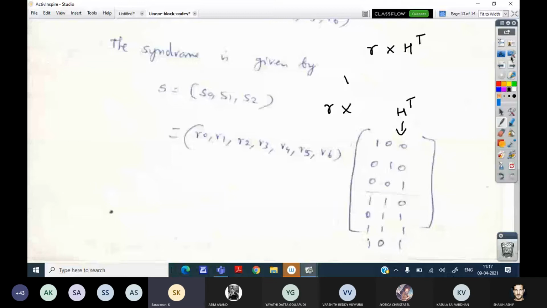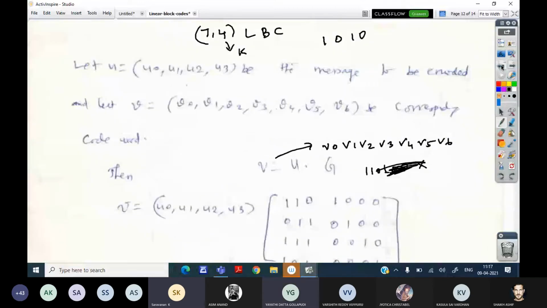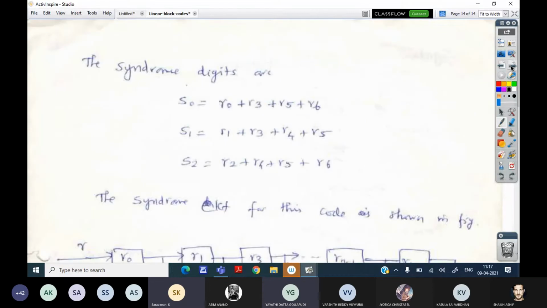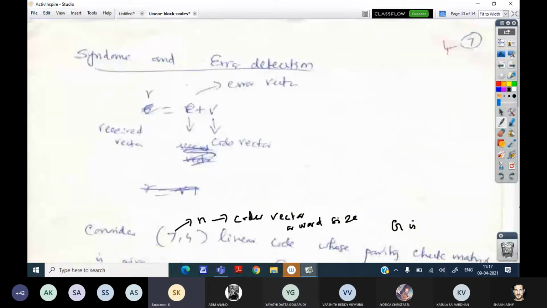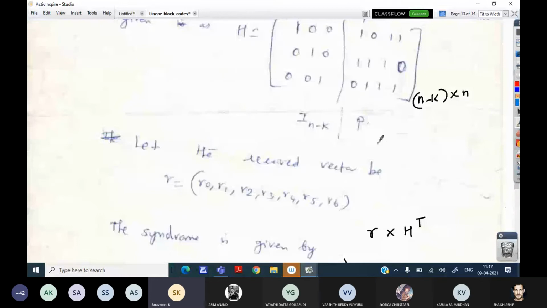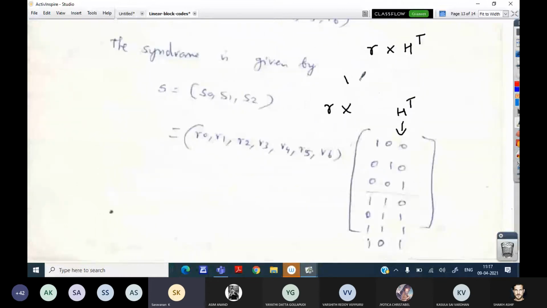So can you tell me the value? 110 100. Very good. So I'm going to substitute this 110 100, so a specific value instead of the general one.